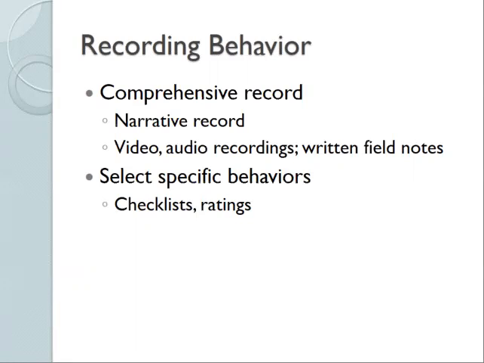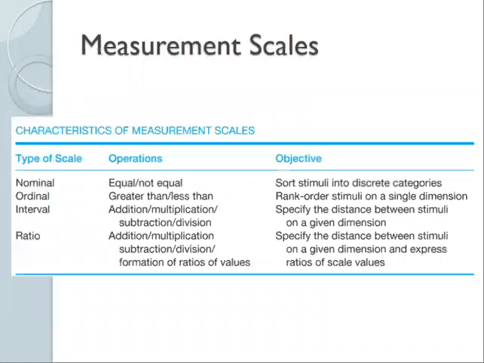And this is important because the method you choose determines how your results can be measured, summarized and analyzed. If you use a comprehensive record like a video or audio, as I mentioned, you can go back. If you only select specific behaviors, your options are a little more limited.